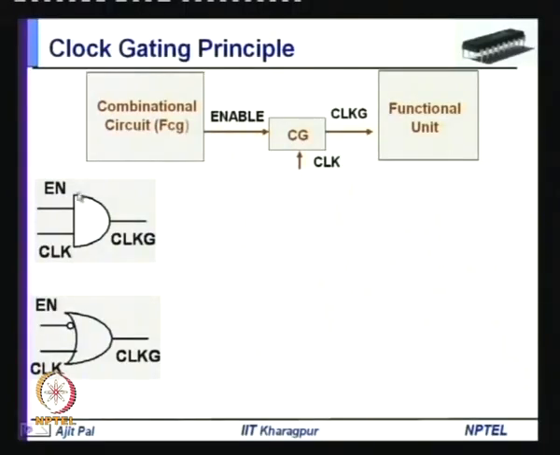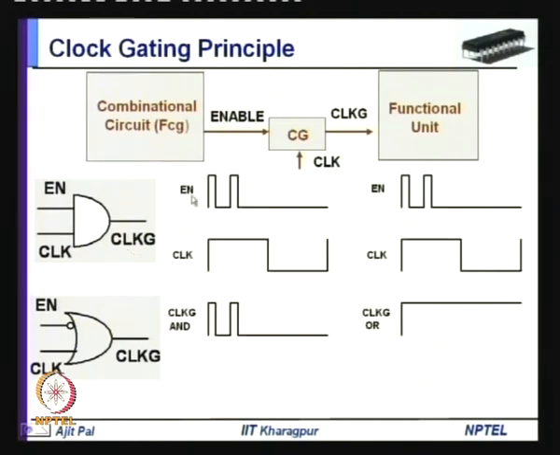But if we consider this circuit, it has some limitation. What is the limitation? For example, there may be some glitch in the enable signal. If there is a glitch in the enable signal while the clock is 1, you can see the glitch will reach the gated output.